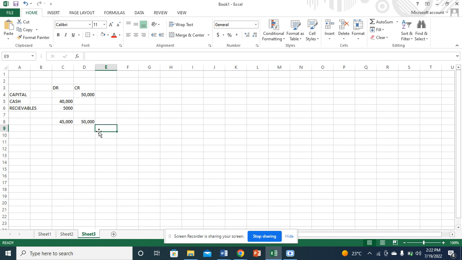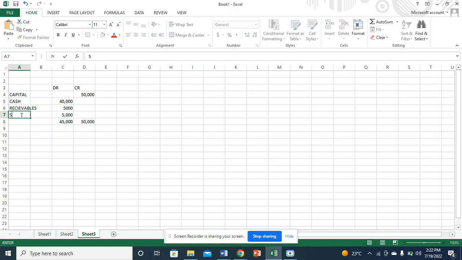What you're going to do is first get the difference. 50,000 minus 45,000 is 5,000. So you put the difference here on the debit side, because the debit side is less than the credit side. We have to make sure that these two are equal.